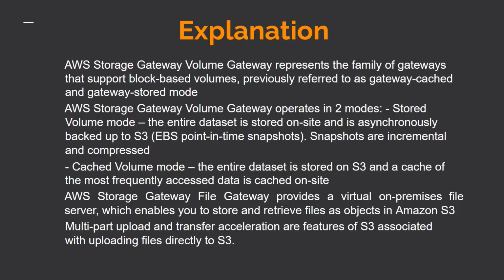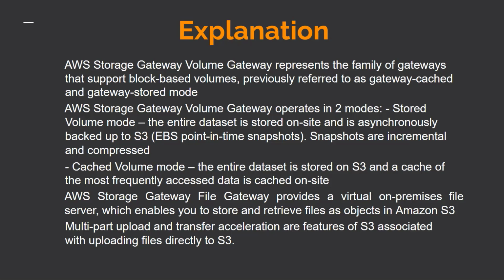Explain. AWS Storage Gateway Volume Gateway represents the family of gateways that support block-based volumes. Previously referred to as Gateway Cached and Gateway Stored Mode, it operates in two modes. Stored Volume Mode: the entire dataset is stored on-site and is asynchronously backed up to S3 as EBS point-in-time snapshots. Snapshots are incremental and compressed.